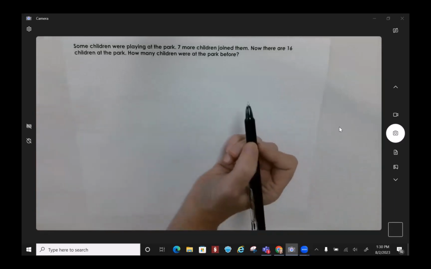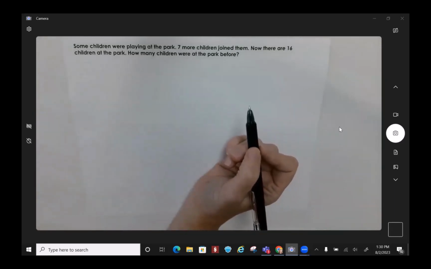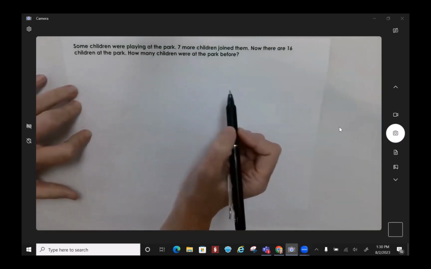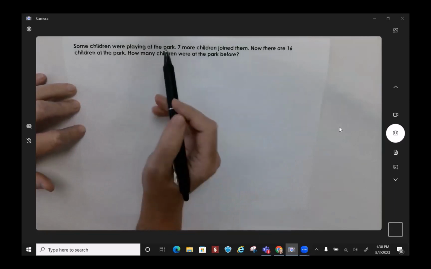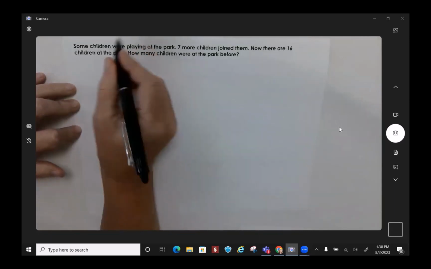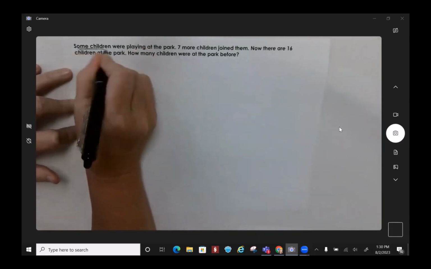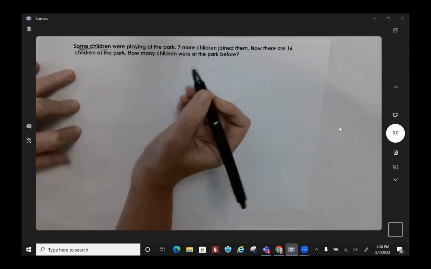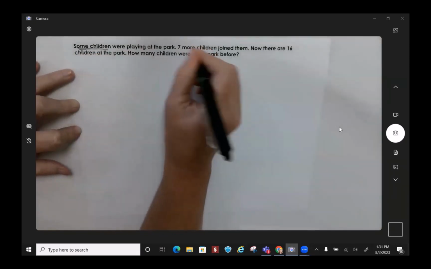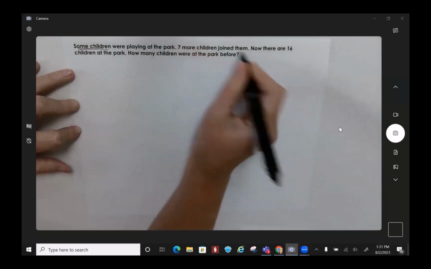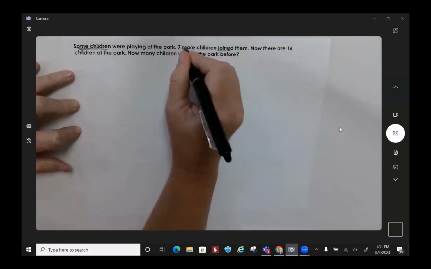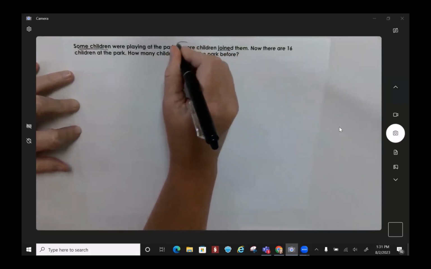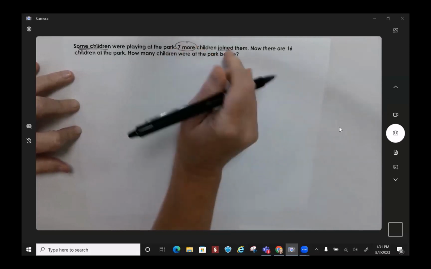Okay, so before I really start doing any computation or trying to solve anything, I want to play a math movie in my head. So let's see, when I close my eyes, what am I picturing? I'm seeing that there are some kids at the park. And then I see that 7 more children joined them. So I got some kids at the park, and I know that 7 more are going to join them.